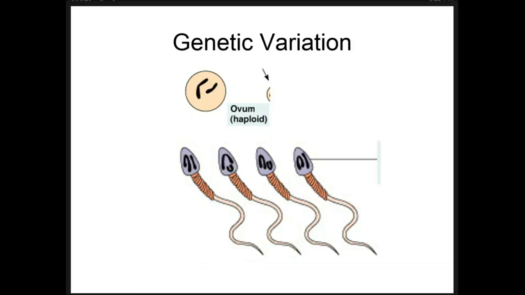Outside of crossing over and random assortments, which occurs during meiosis, additional variation occurs when any one sperm can get with any one egg. Fusion of gametes adds further genetic variability to the offspring. 2 gametes during fertilization, each containing a unique combination of alleles, fuse to form a diploid offspring.